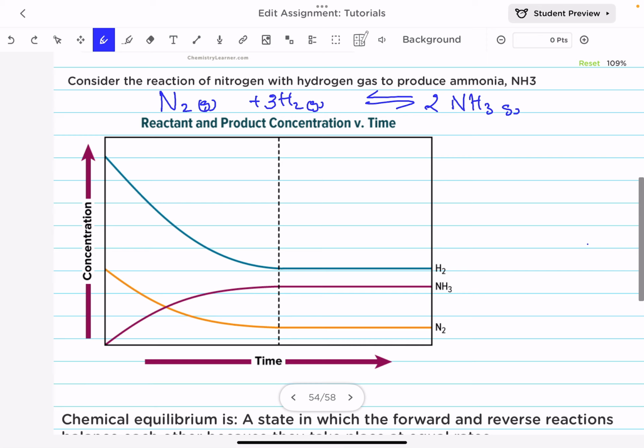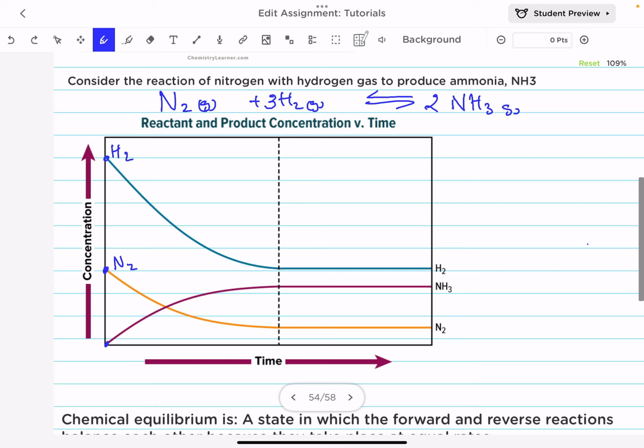I have N2 and I have H2 at start. I don't have product yet. This is why the curve of NH3 is at 0, because no product is produced yet. So only reactants are present. So the forward reaction happens quickly.